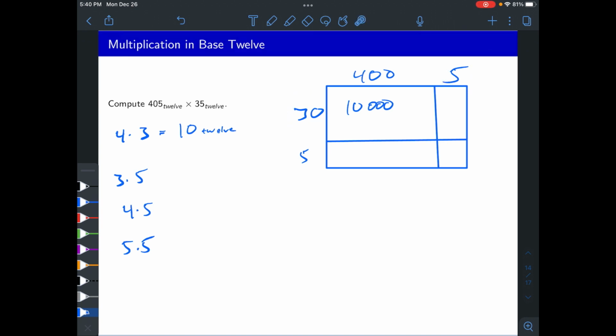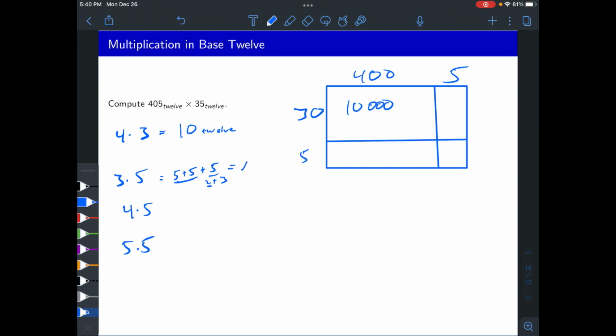Okay, 5 times 3, what is that? So 5 plus 5, I'll think of this as repeated addition. So I want to make a group of 12. So here I have 10, and then I want to split the remaining 5 up as 2 and a 3. So I can combine this 2 with this 10.